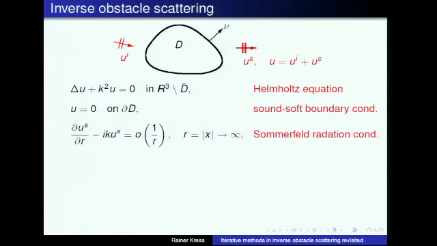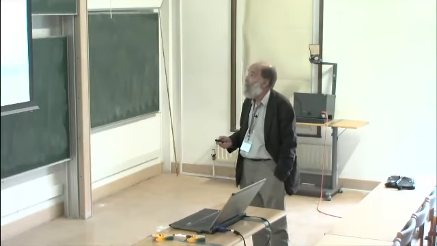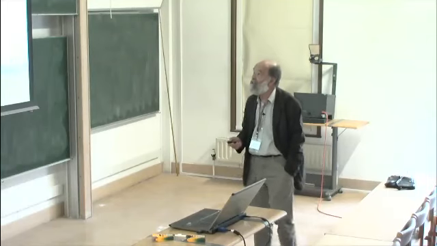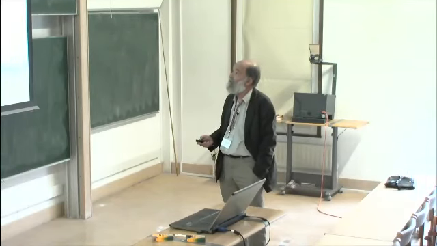It states that this combination of the radial derivative and the potential itself decays faster than 1 over r as the distance to the origin goes to infinity. This Sommerfeld radiation condition physically means that the energy is outgoing, and mathematically it ensures uniqueness for this Dirichlet problem for the Helmholtz equation in the exterior domain.